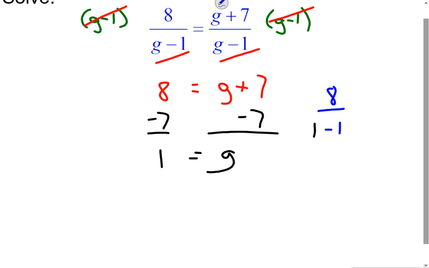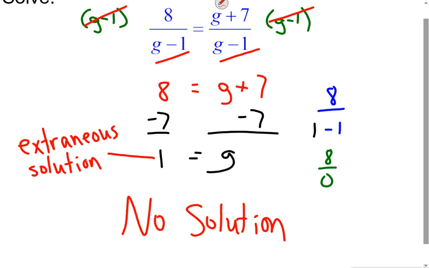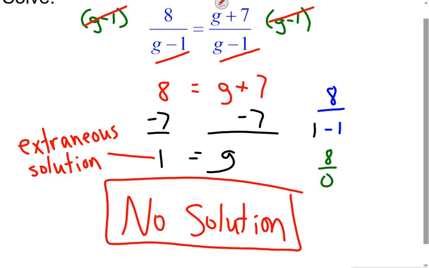Well, that ends up being, remember, 8 over 0, and we can't divide by 0. So that doesn't make any sense. And in a case like this, if we end up with this, that tells us that there is no solution to that equation, because this is referred to as an extraneous solution, which is not really a solution at all. That is your final answer to that original blue equation.